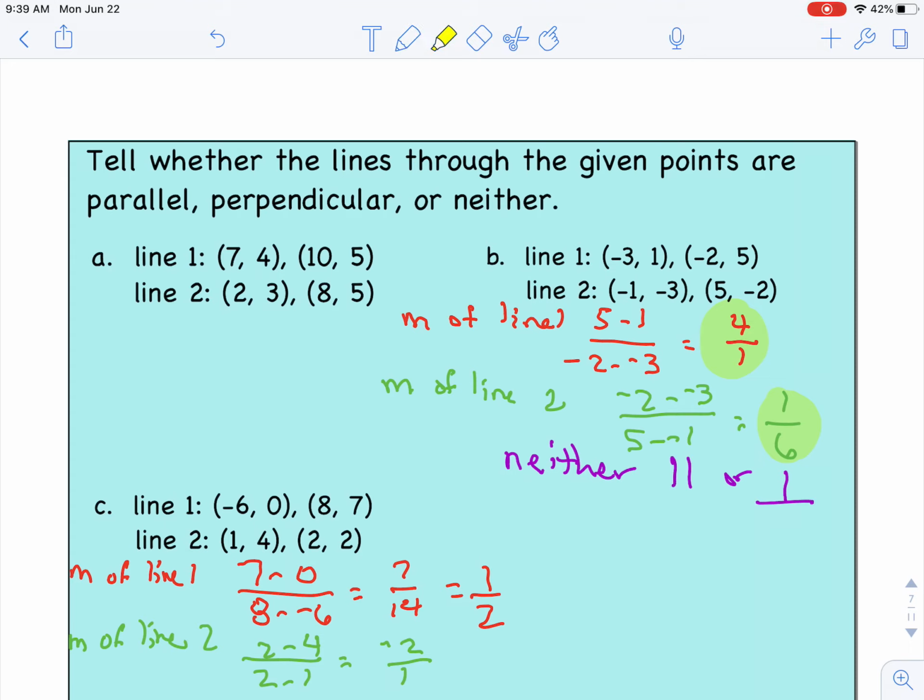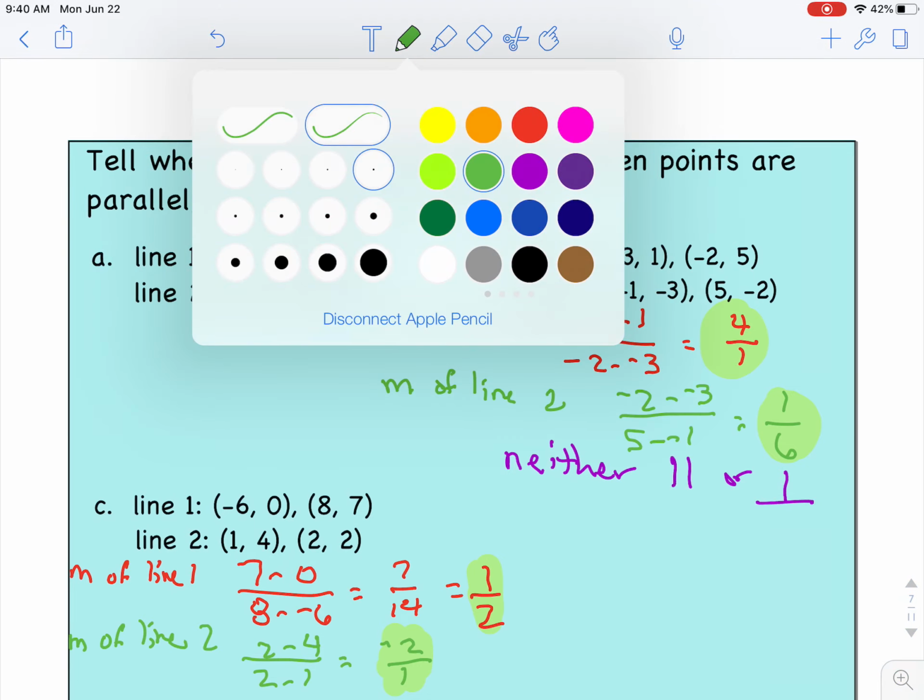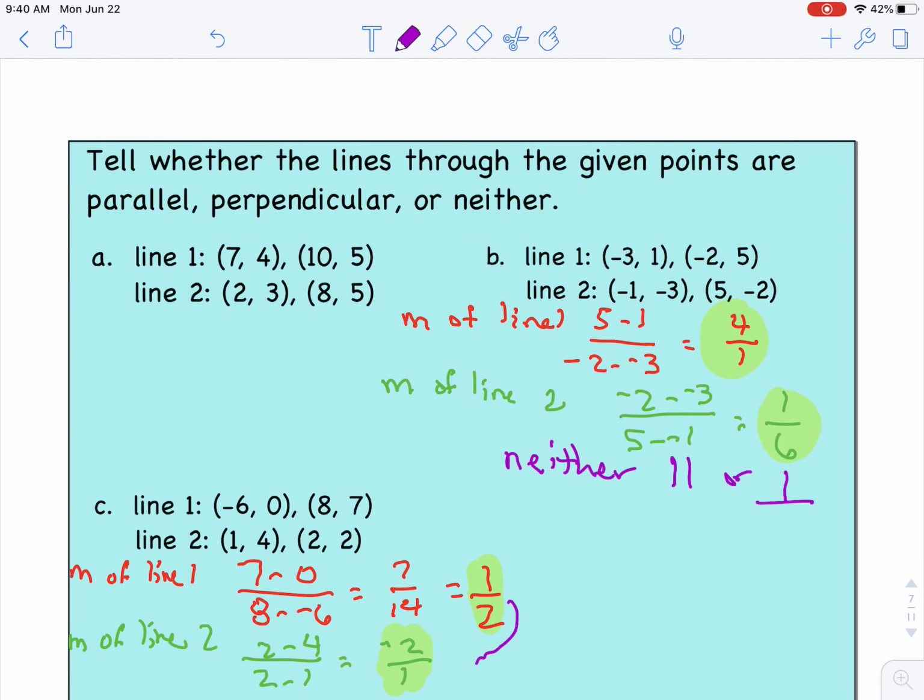So now if you compare these slopes, 1/2 and 2 over 1, they are opposite reciprocals. These slopes right here are opposite, meaning one is positive, one's negative, and the fractions are flipped, so that's reciprocal. So they're perpendicular.